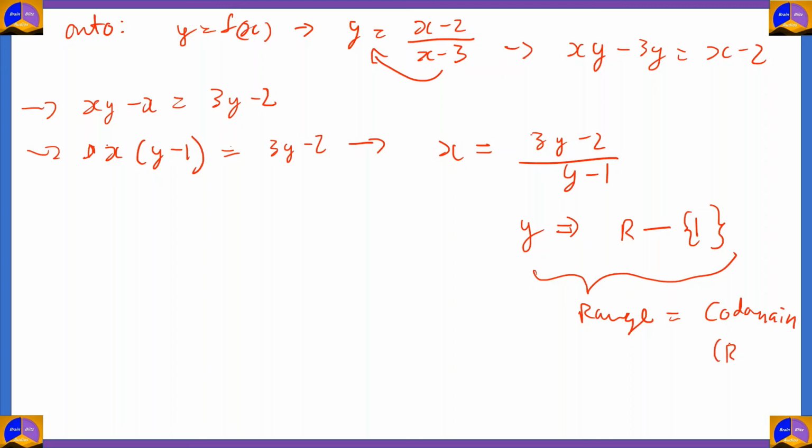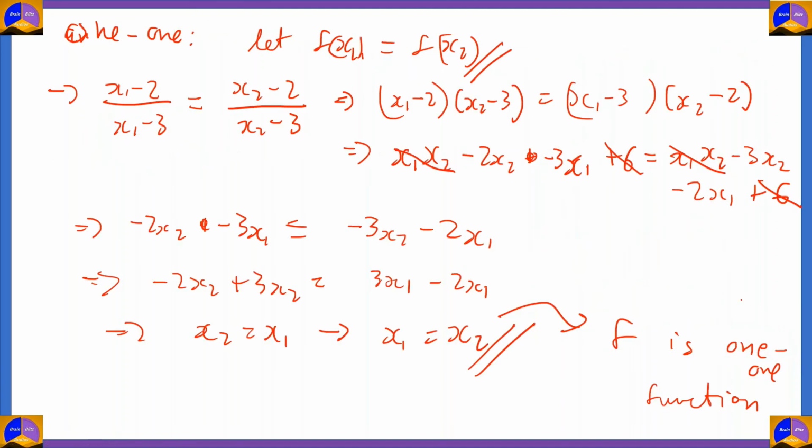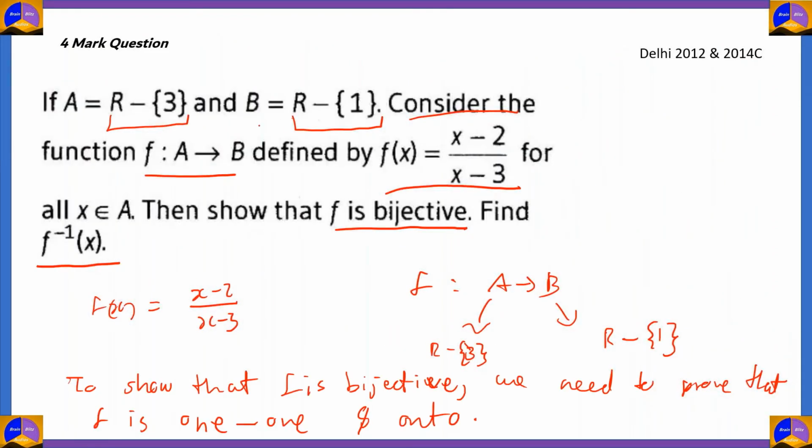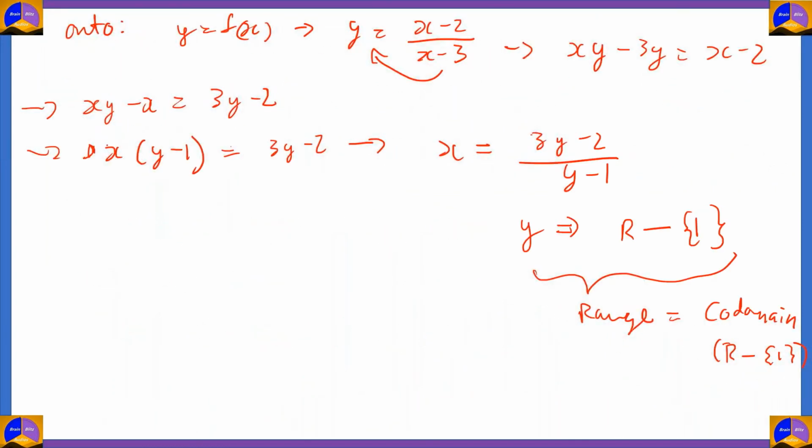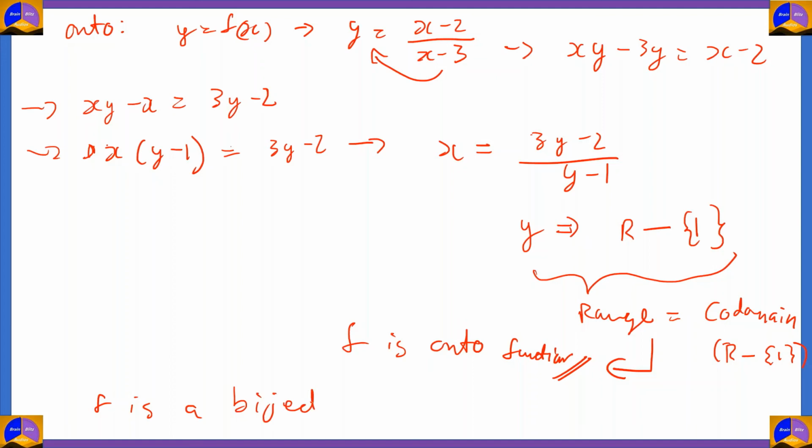Our codomain was also R minus 1, so B is given as R minus 1. So the range equals the codomain, and when the range equals the codomain, f is an onto function. So therefore, we get that f is a bijective function.